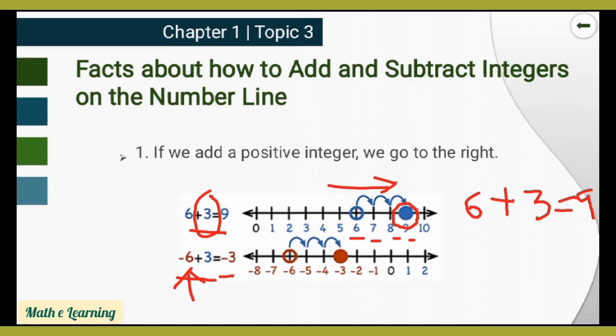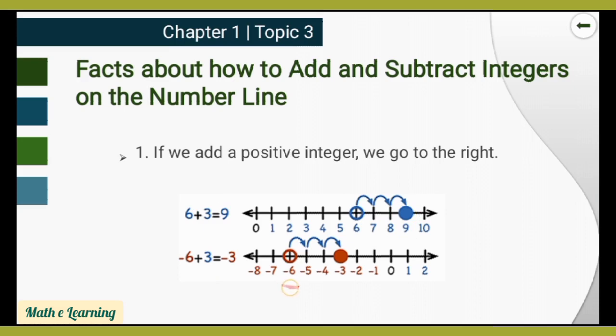Now if we want to represent this on a number line, first we mark minus 6 and then we move 3 steps to the right side.